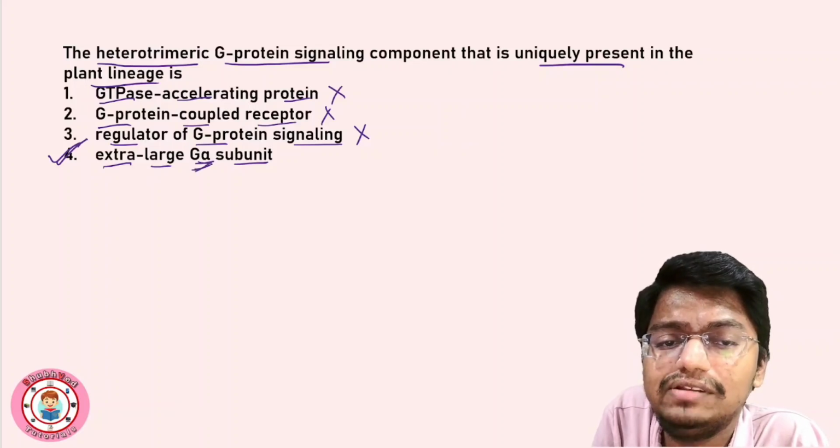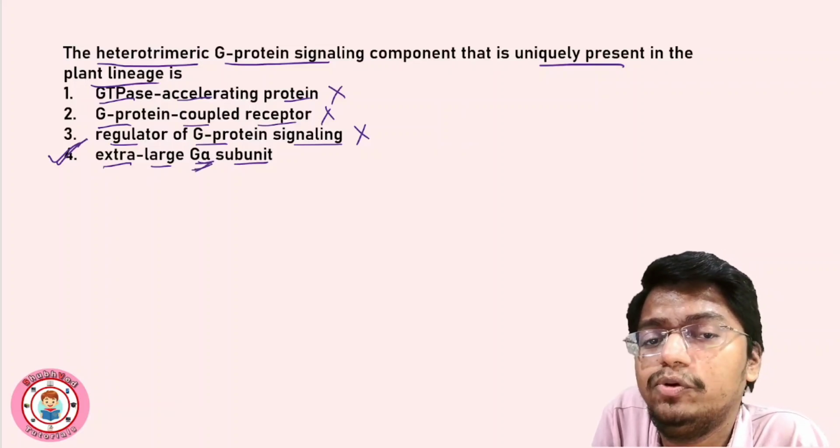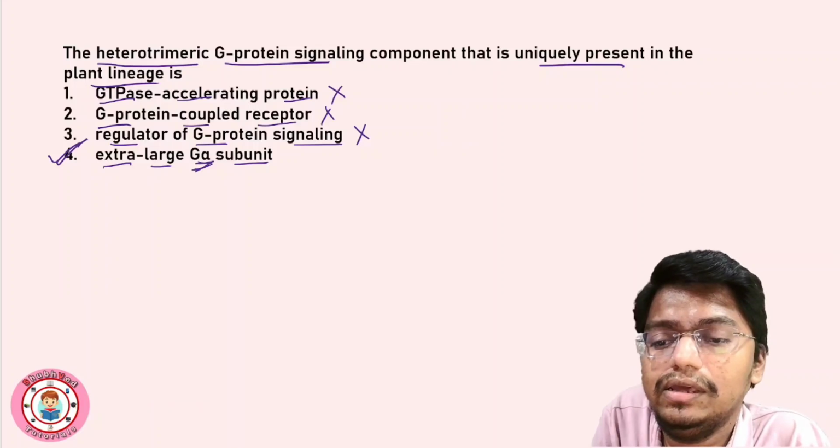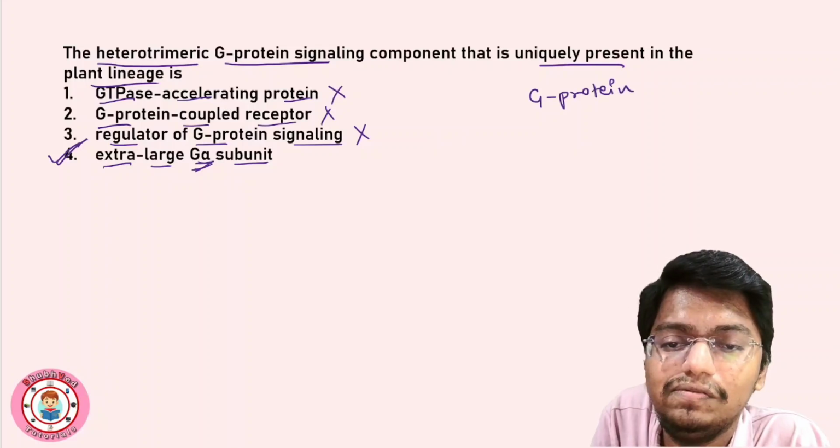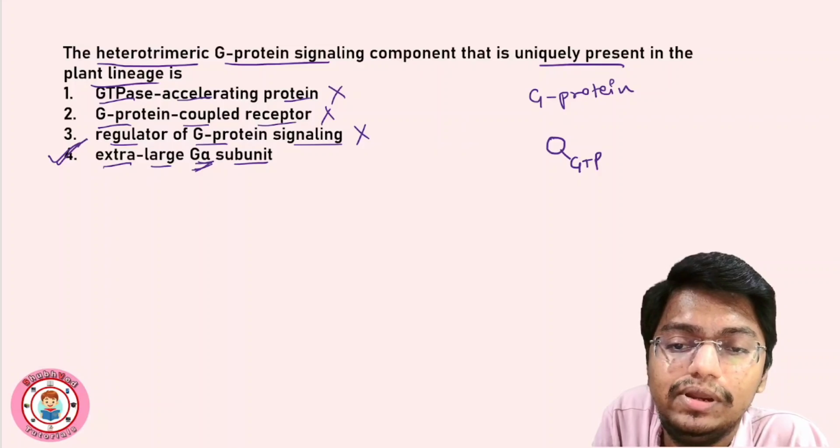G alpha subunit is basically important for G protein signaling. If I give you a rough idea, G protein is basically which binds with GTP. Okay, अभी ये प्रोटीन है GTP से बाइंड होगी, right?